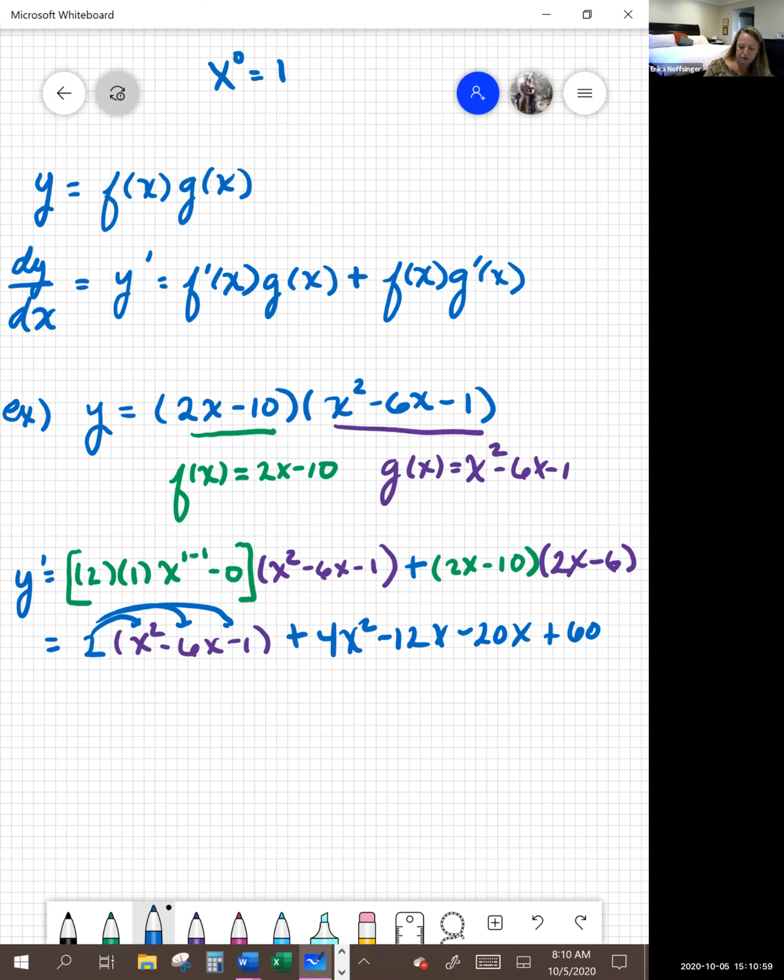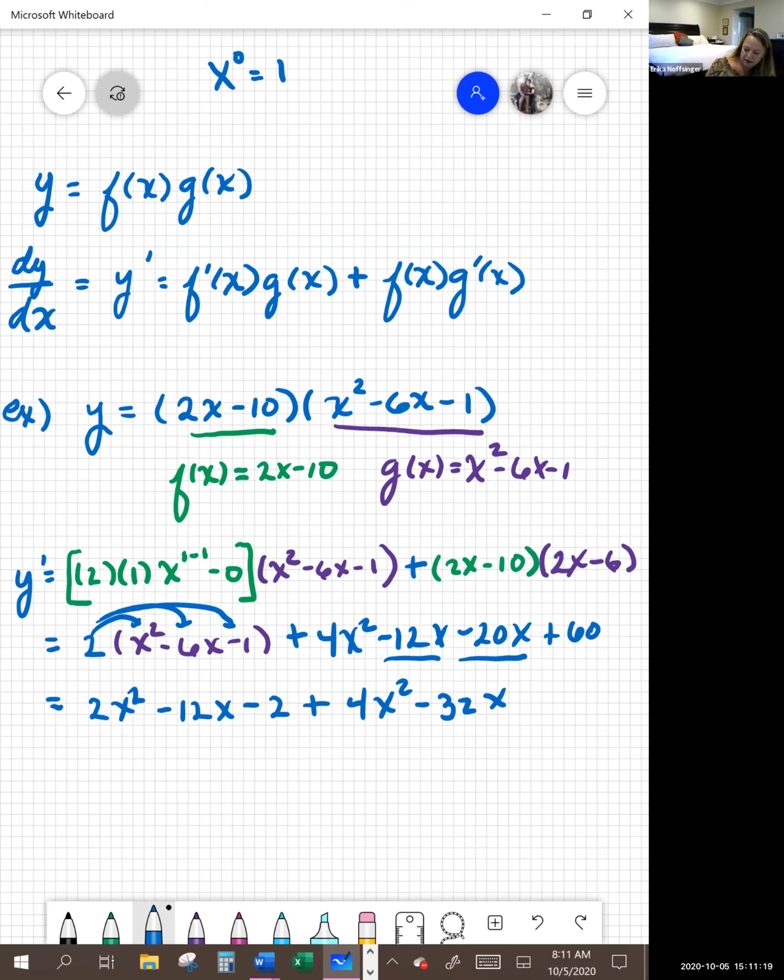Let's distribute the 2. So we have 2x squared, 2 times negative 6x is negative 12x. 2 times negative 1, so minus 2, plus 4x squared. I'm going to combine this negative 12x and negative 20x, so that's minus 32x plus 60.